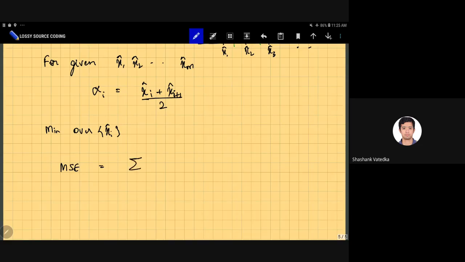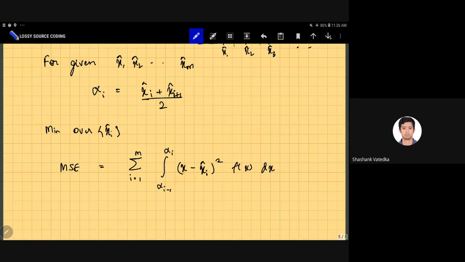It is the summation i going from 1 to m of the integral from alpha i minus 1 to alpha i of x minus xi hat squared times f of x dx.